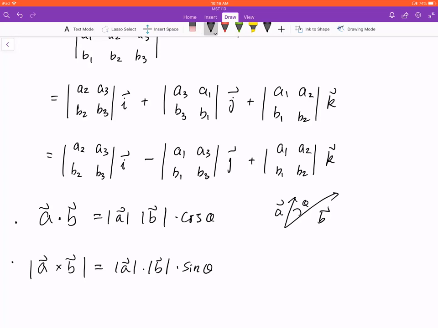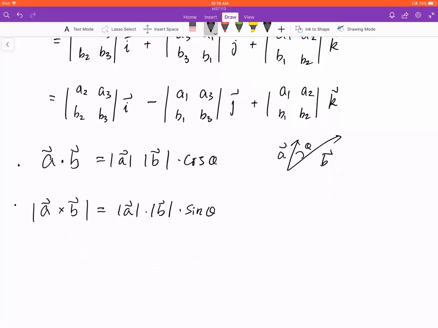If you look at this one, it's almost like the counterpart of the dot product. Just remember, on the left-hand side, we have a number, so we have this absolute value.